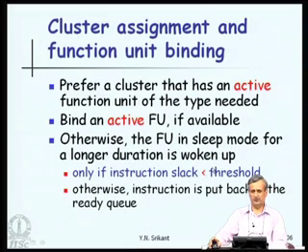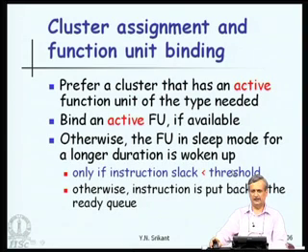This is to make sure that the peak power consumption etc., is reduced. Something that has been sleeping for a long time can be used instead of something which has been sleeping for a shorter duration. But only if the instruction slack is less than the threshold.